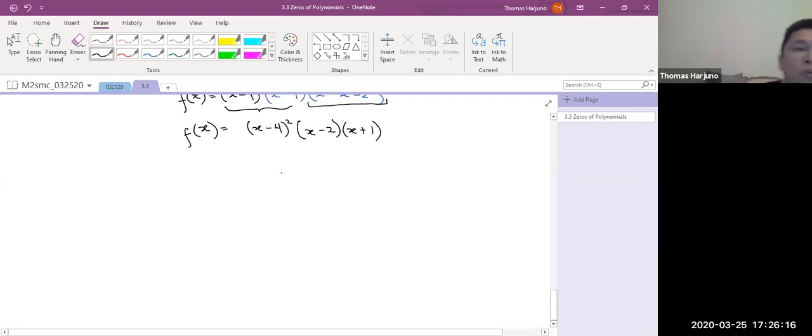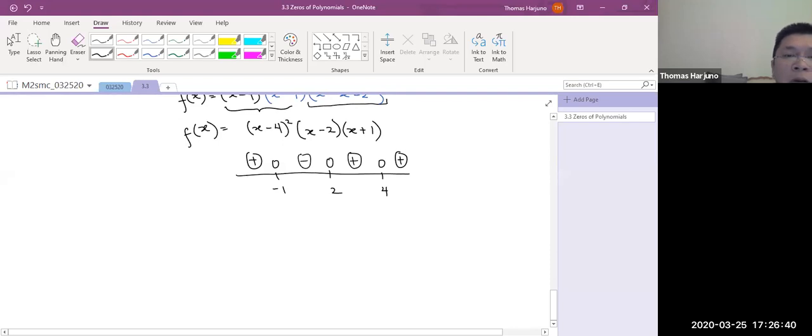But suppose we already write them as a product of linear factors, then we can go on graphing it. First, the sign graph: negative 1, 2, 4. I will do it fast, so you can chew it later. This is positive. This is positive. Positive. Negative. Right.